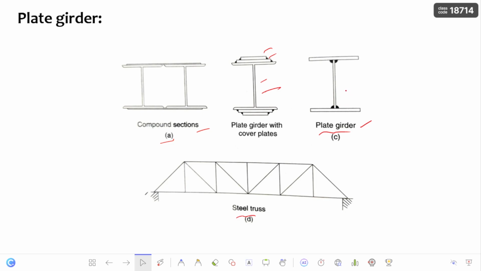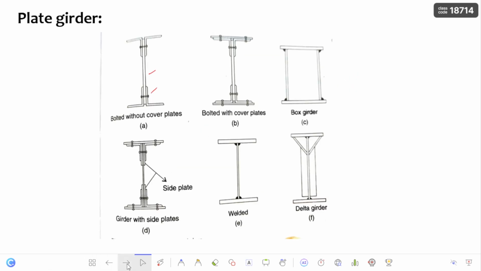This is the simplest form of the plate girder, in which plates are connected by weld. And these are the different arrangements of plate girders. Here you can see the simplest form, in which a pair of angles is connected to the web plate. In the second option, a cover plate is added to the angles to increase the bending resistance of the plate girder.